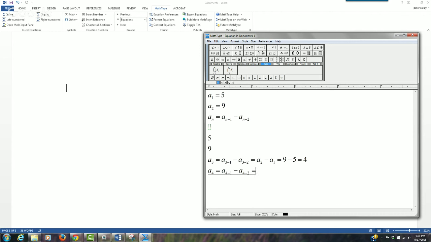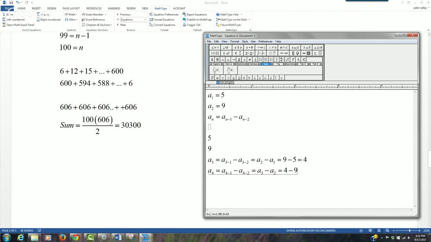So that would be 4 minus 1, the third number, minus the second number. The third number was 4, and the second number was 9. So that puts that at negative 5.